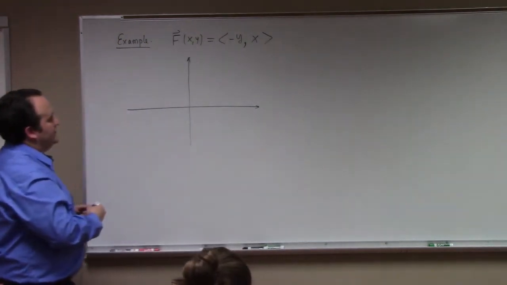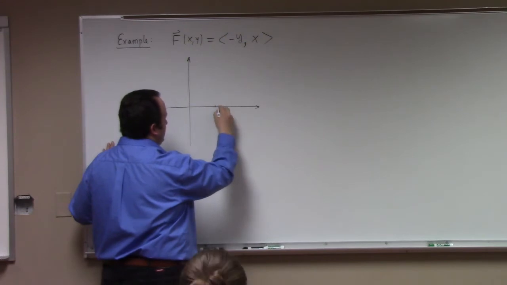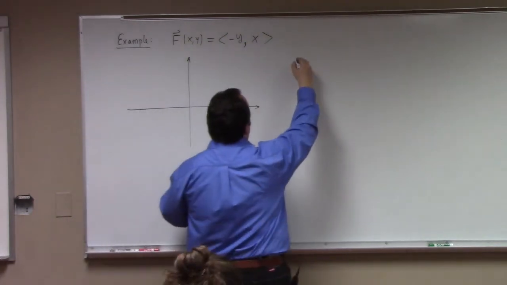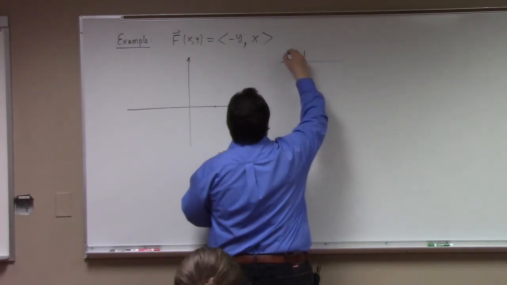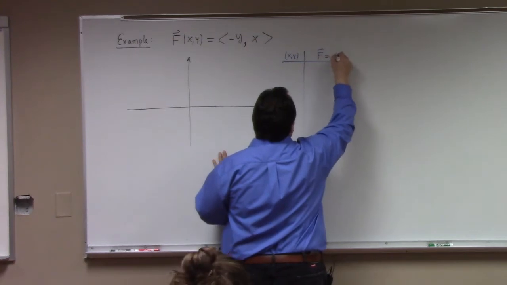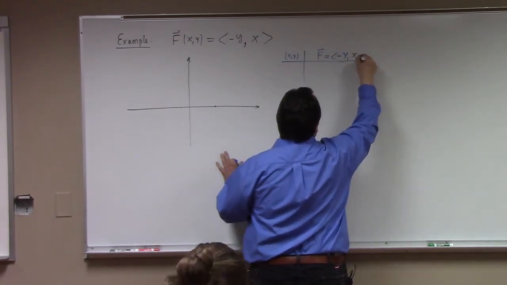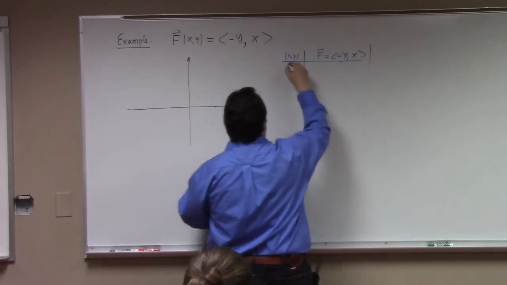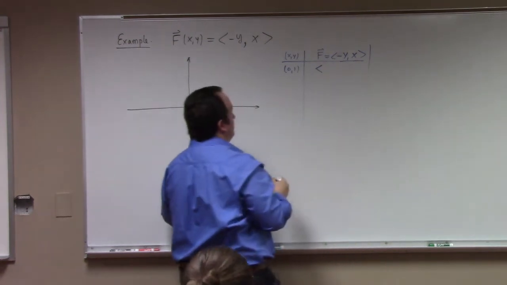So let's see here. We should start out with maybe a relatively simple point. How about this? What if we're at 1, 0? I'm going to make a table over here to collect my work. So here's my point. Here's the vector. If I plug in 0, 1, what do I get out?